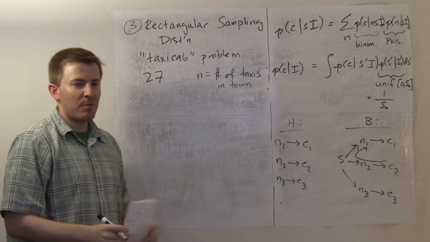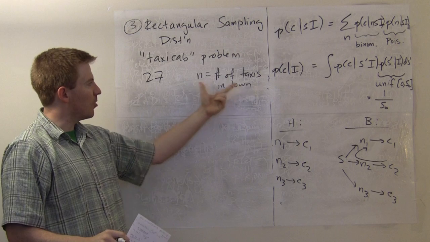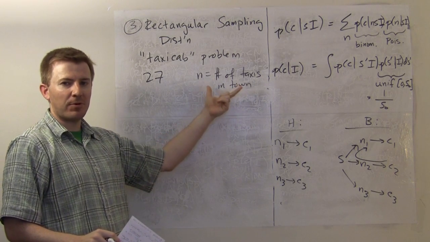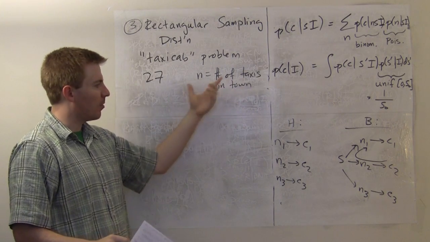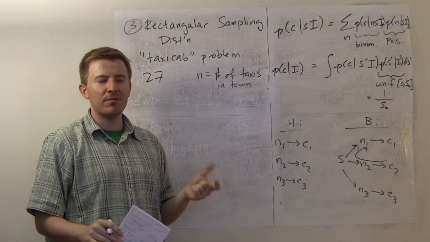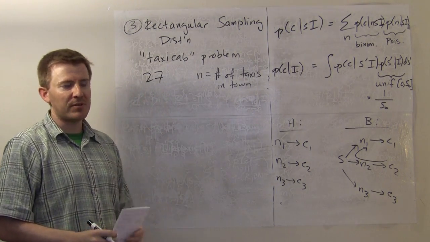And the question is, based on this single observation of one of them, what is your guess as to the value of this parameter? What would be your estimate, or what could you say about the number of taxis in a town based on the fact that you observed one and it was the number 27?